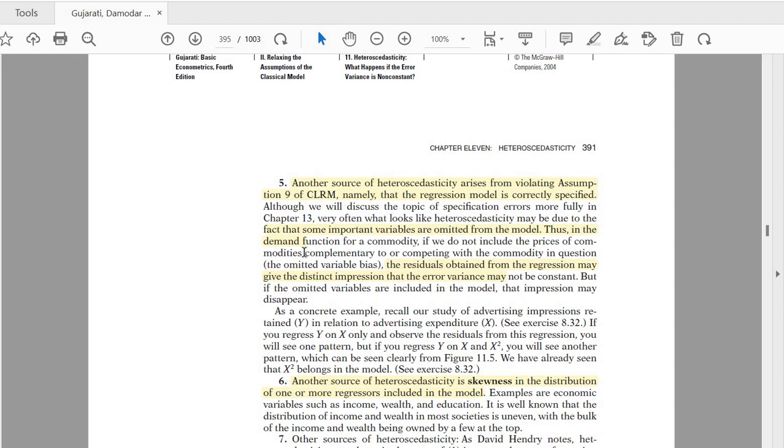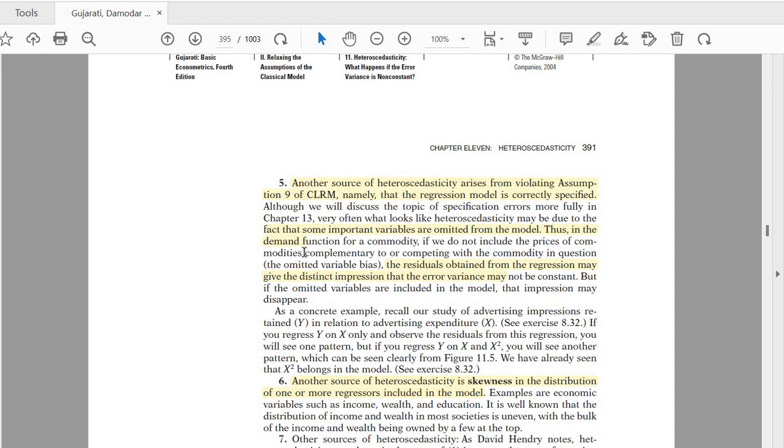Now suppose this is your actual model, and what you estimated is that quantity demanded is a function of price, income, and you missed out the price of substitute and price of complement, and the product has a very close substitute, which has an influence on the quantity demanded of that particular product. So once you take the data from the market for the quantity demanded of the product, and you are not specifying prices of substitute and complement, the dependent variable may contain the effect of the missing variables.